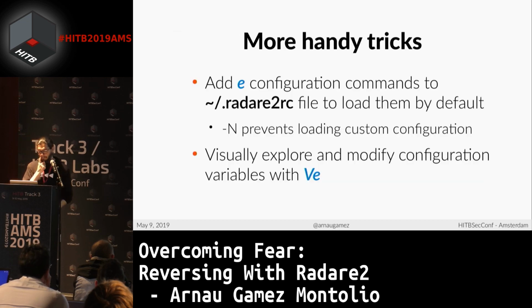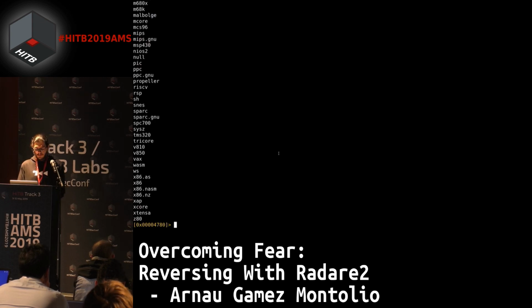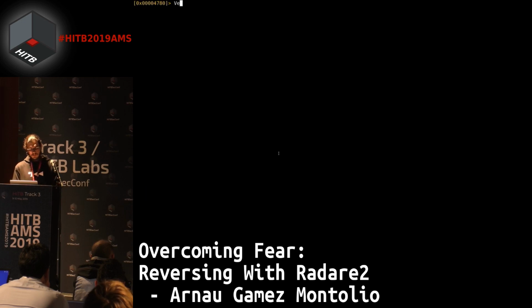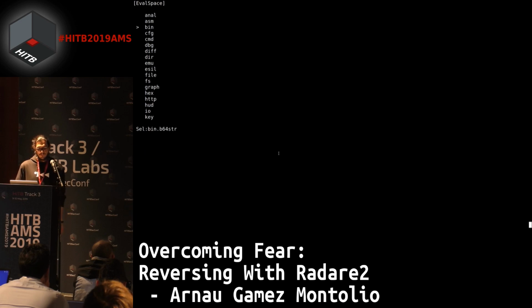I will advance. The best way for me to explore all the configuration is with the visual mode, because if we just throw VE, or if we are in visual mode and press E, we can explore all the configuration variables structured. So, for example, we're interested in the, I don't know, graph.